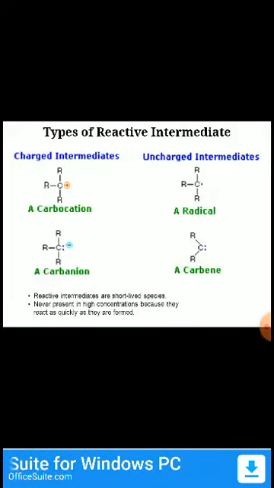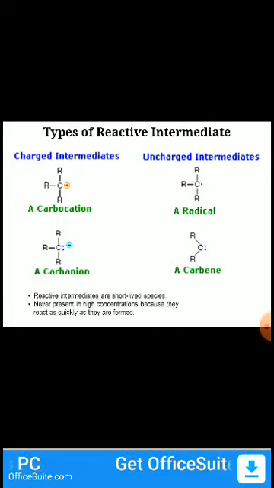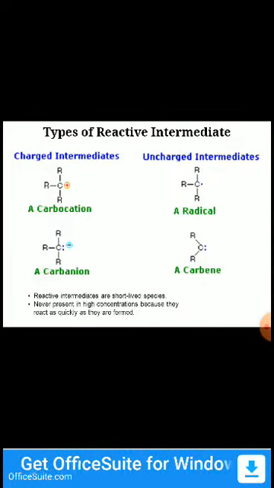Carbanion is carbon containing a negative charge. Radicals are uncharged intermediates, where carbon contains no charge but has an unpaired electron. Then there is the carbene. These are all reactive intermediates.